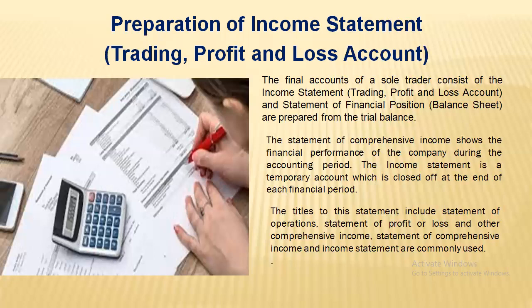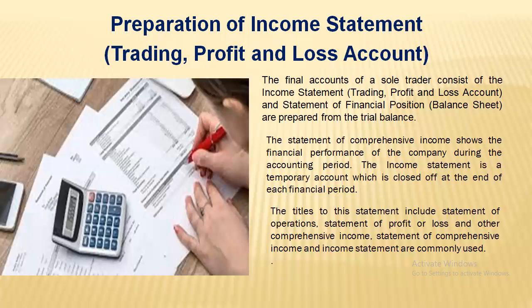So the statement of comprehensive income shows the financial transactions of a company over a period of time. It's a temporary account that needs to be written off at the end of every accounting period. The importance of preparing the trading profit and loss account or the income statement is to determine the net profit of the organization as at the end of the year.